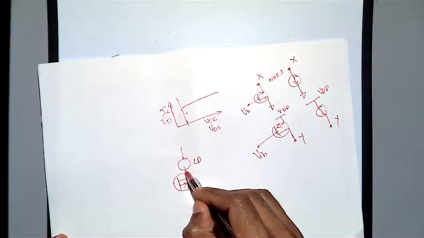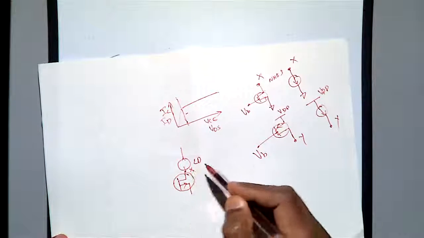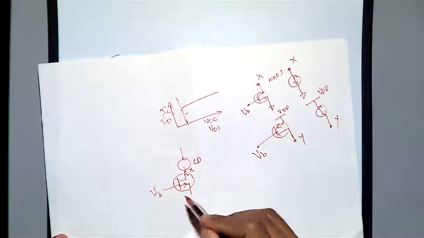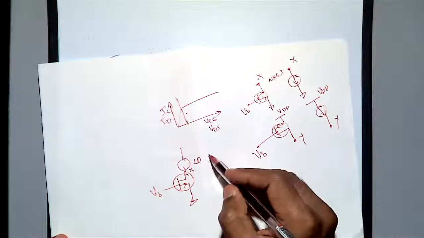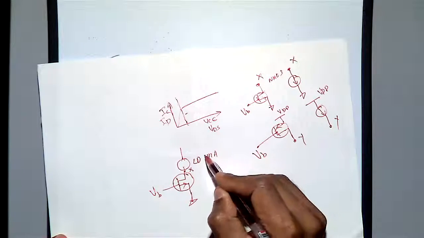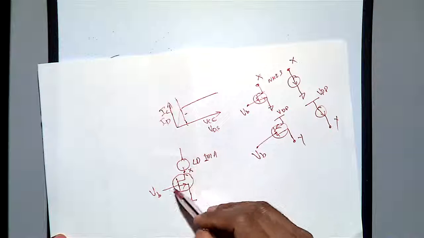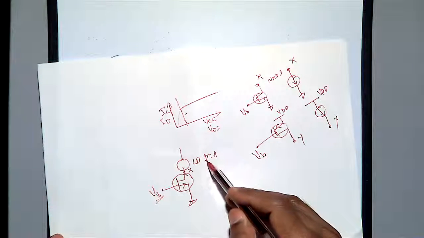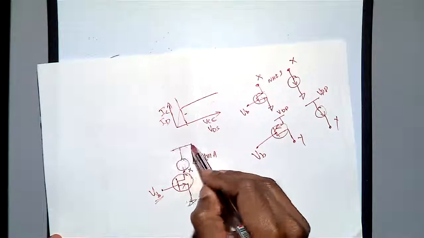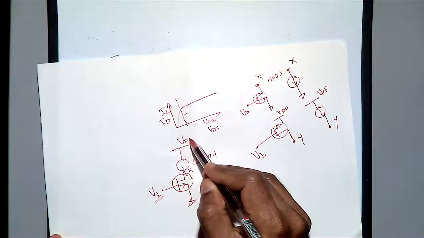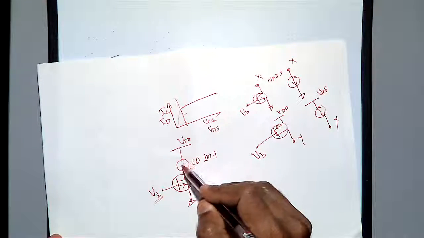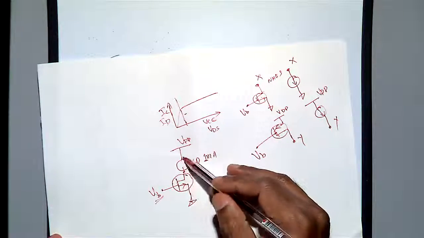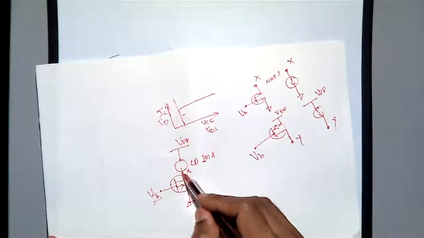This is your point X, and this is your VB, and the laser diode needs 1 milliamp. You vary VB accordingly to get 1 milliamp, and here you connect your VDD. Then you get 1 milliamp.